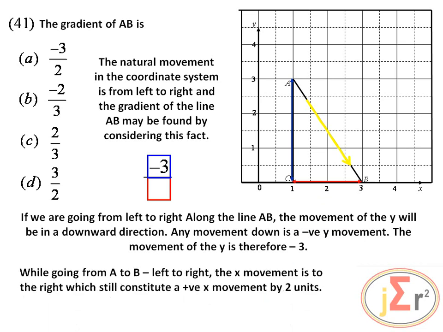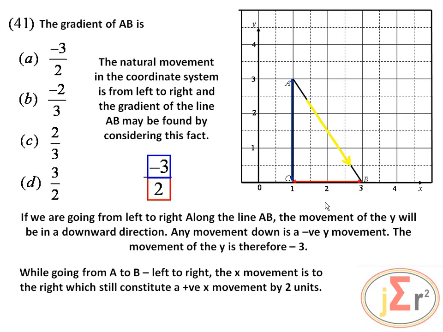While going from A to B, which is of course from left to right, the x movement is to the right, which still constitutes a positive x movement by 2 units. So we are still going in this direction from left to right and of course by 2 units the x movement is positive, so positive 2.